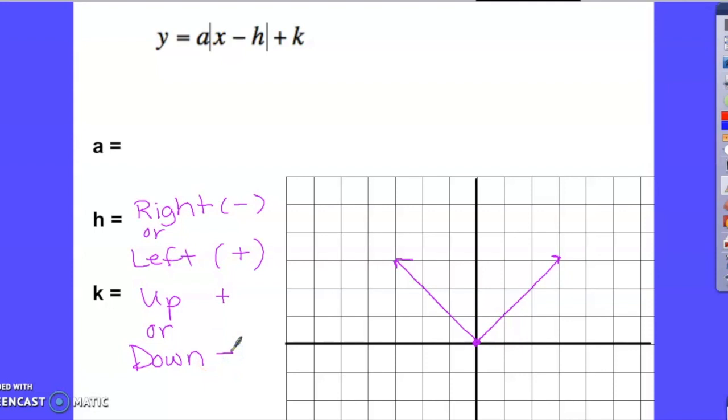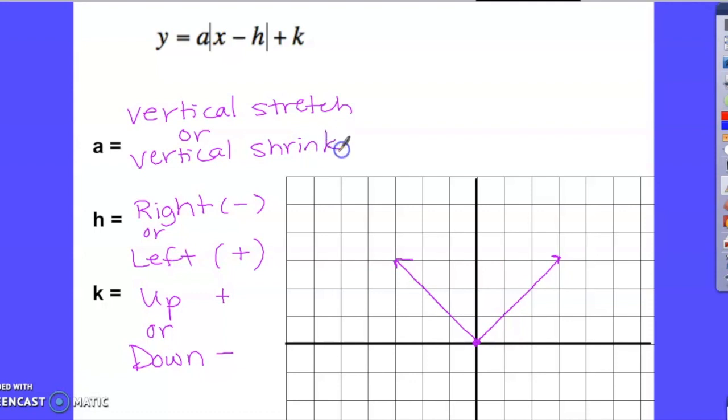And the last part that we have to look at is the a. The a is going to tell us a couple of different things. The first thing it's going to tell us is whether it is a vertical stretch or vertical shrink. This you have to be very careful with because we're talking about the value of a without the sign on it.